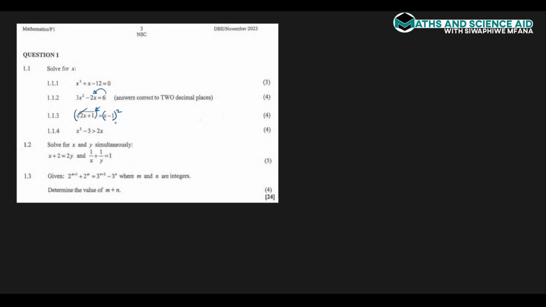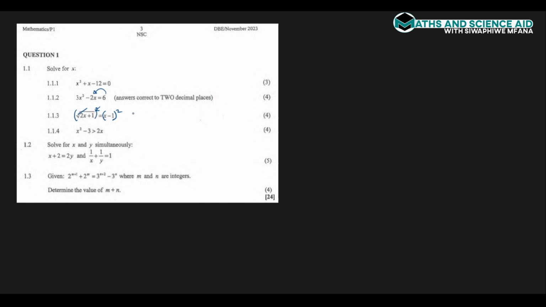And then from there on, you'll just have to bring all the terms to one side of the equation, add up all the like terms that you have, and after that solve for x. And you can either again do that by factorization if it is possible to factorize, but if you find factorization to be tricky or challenging, you can just simply use the quadratic formula.